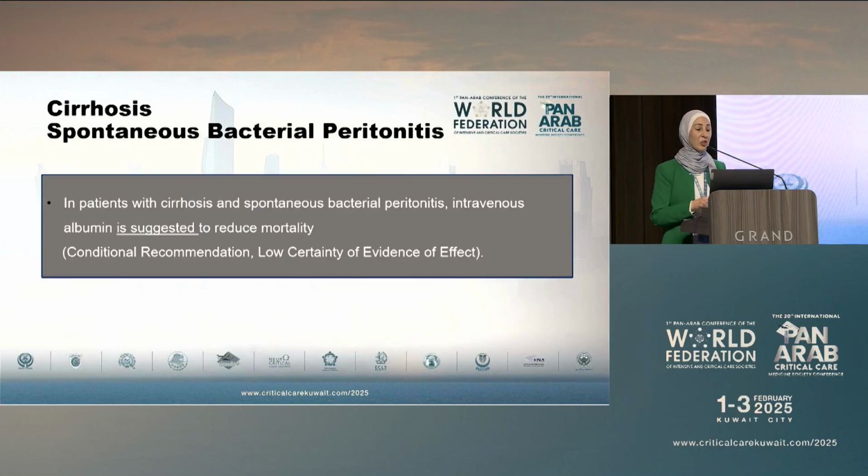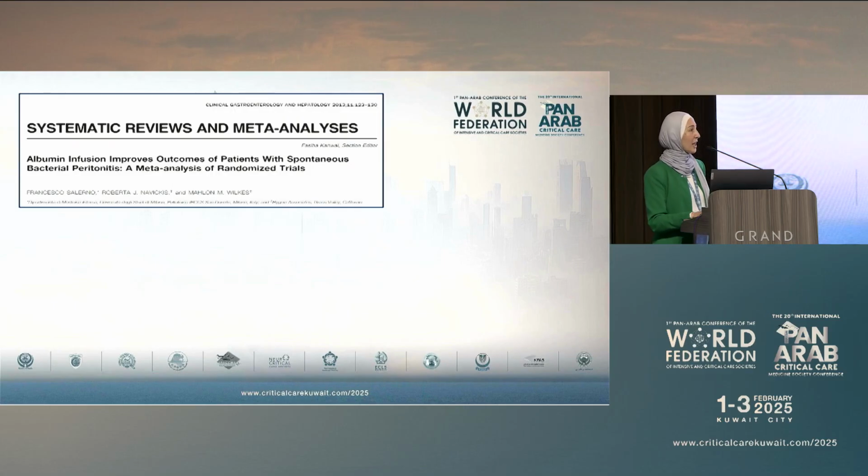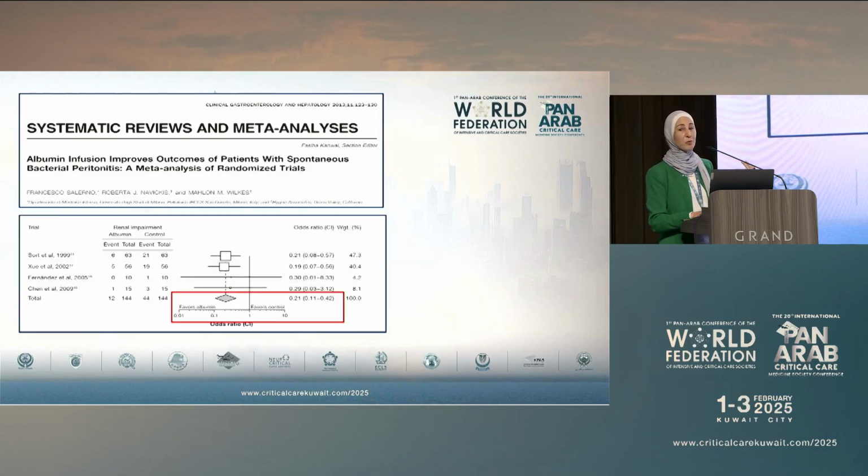The other indication is for spontaneous bacterial peritonitis, and that's also where the recommendations suggested using albumin. In patients with cirrhosis and spontaneous bacterial peritonitis, IV albumin is suggested to reduce mortality. This is a meta-analysis that looked at several studies that evaluated the use of albumin in patients with spontaneous bacterial peritonitis.